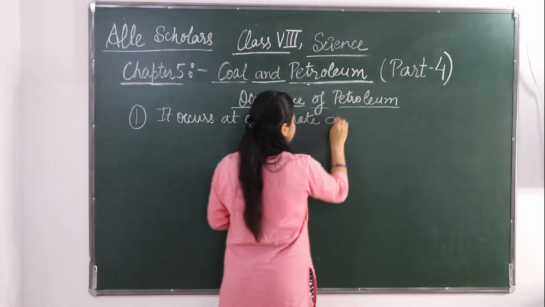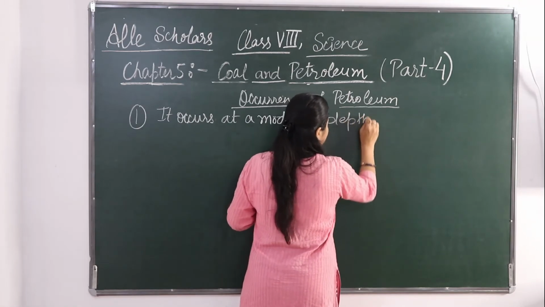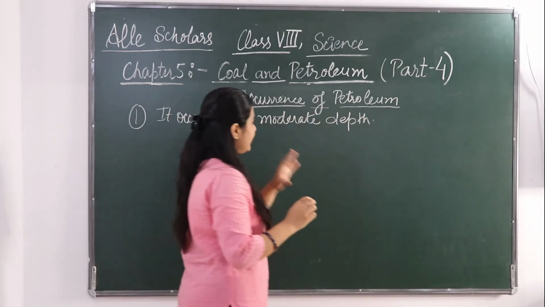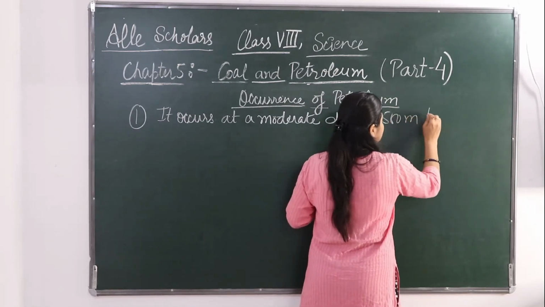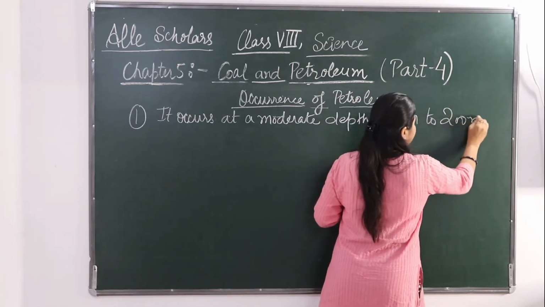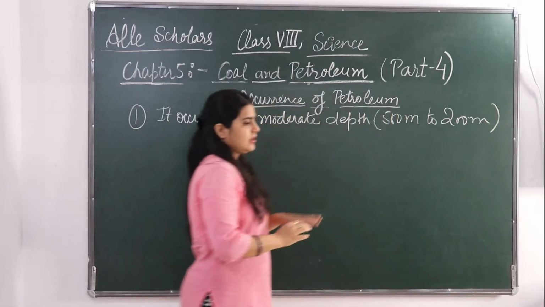The oil occurs at moderate depth. Okay, that moderate depth is how much? It's 500 meters to 2000 meters around.